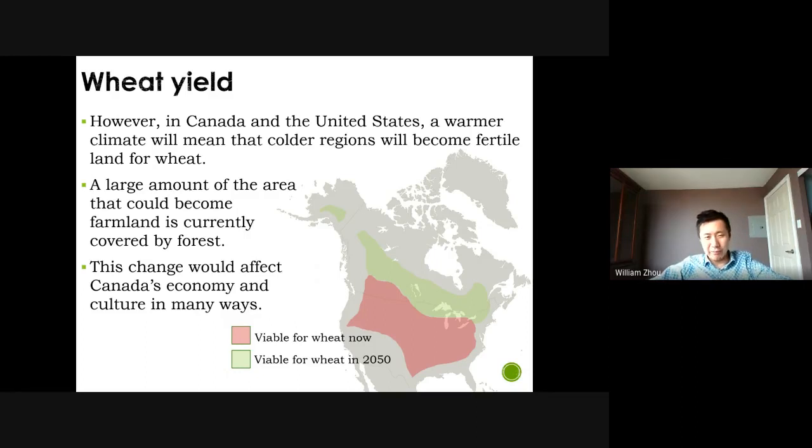But in Canada, though, that could be better for Canada. Now, Canada is a very cold place. There are very few areas in Canada in which we can actually grow wheat, namely in Alberta, Saskatchewan, and southern Ontario. Those are our largest production of agriculture. Now, if the climate were to warm in 2050, in green, those areas will be eligible to grow wheat. Okay, you might think, wait, that's a good thing.